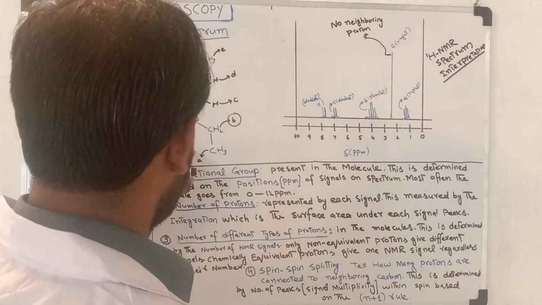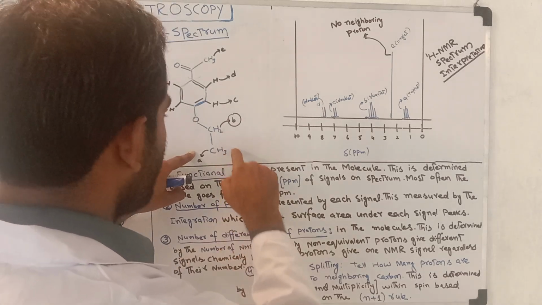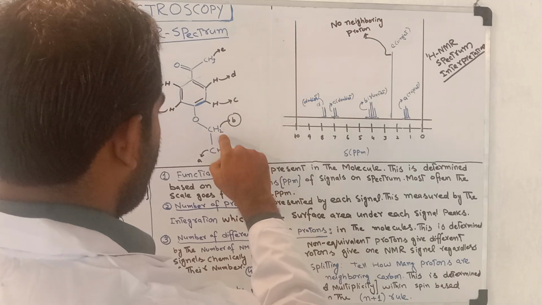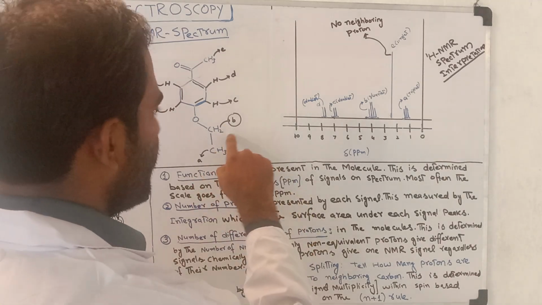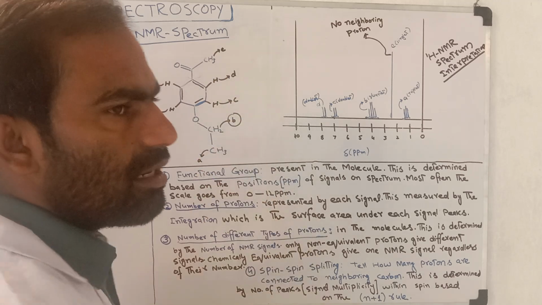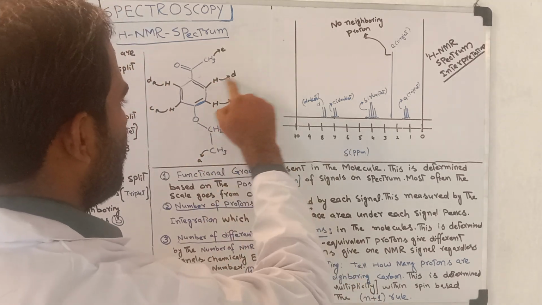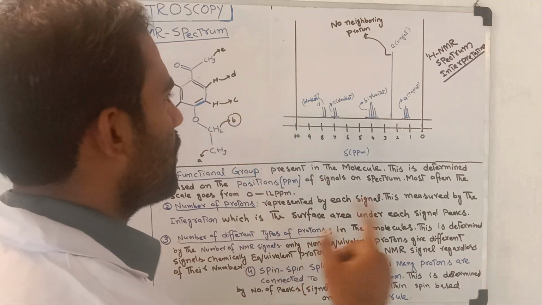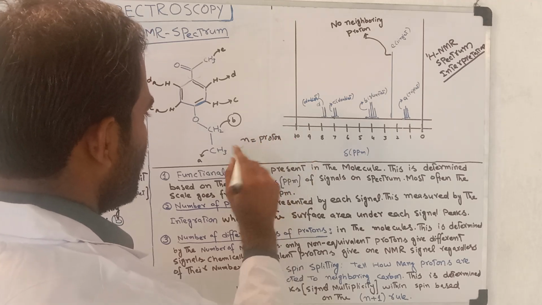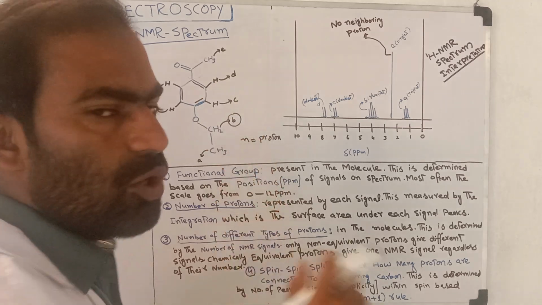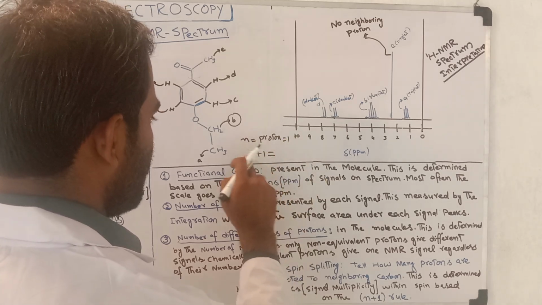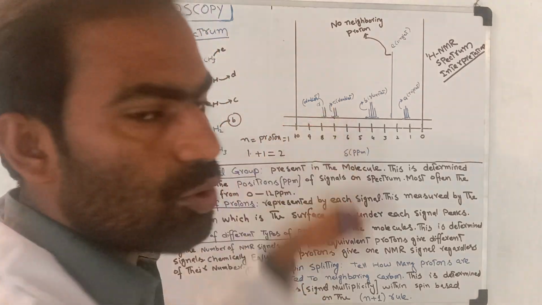A has 2 neighboring protons, and 2 plus 1 according to the n+1 rule shows a triplet. B has 3 neighboring protons, and 3 plus 1 is a quartet. C is a doublet and D is also a doublet, because they neighbor each other with 1 proton each. Here n is the number of protons: if n is 1, then 1 plus 1 is 2, which means 2 peaks, a doublet.